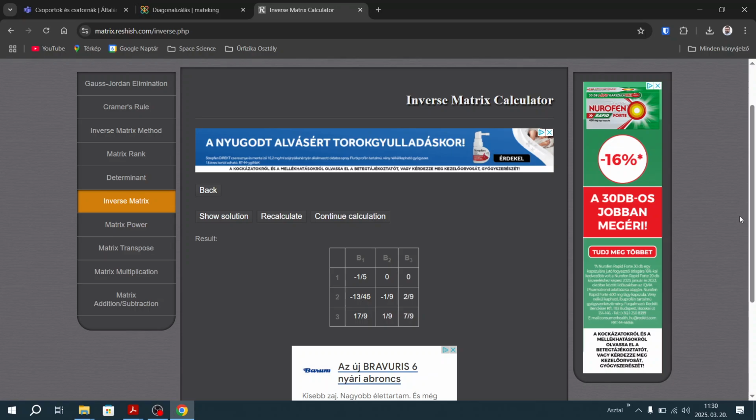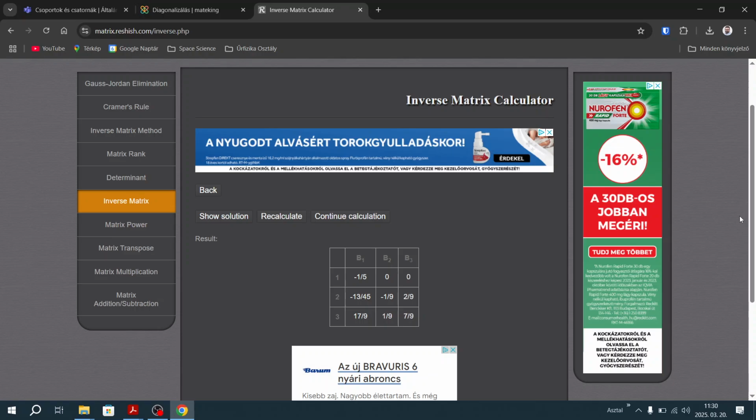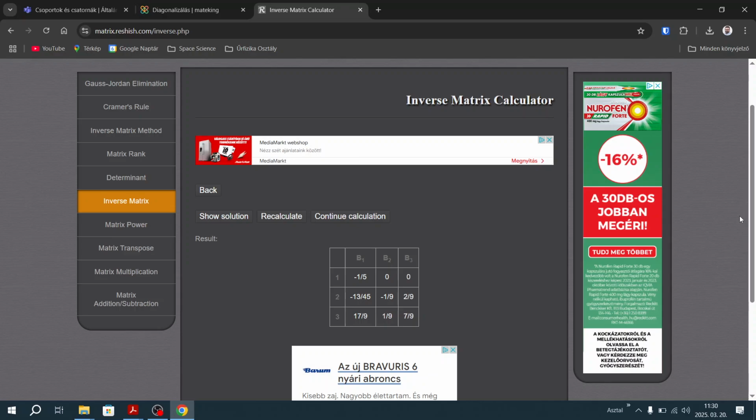Great. So the inverse is, so this is the inverse.